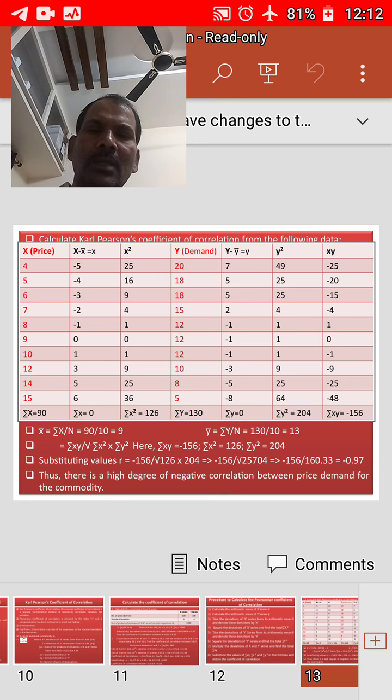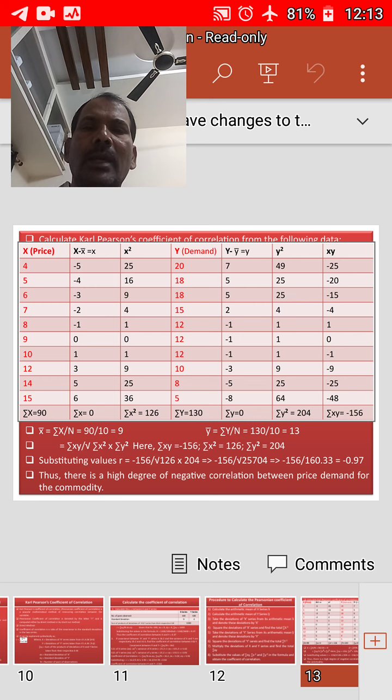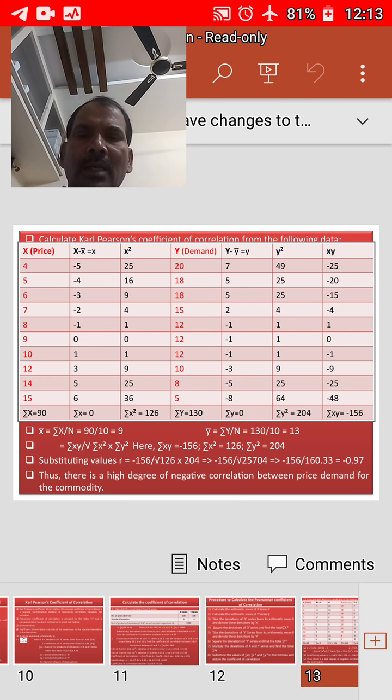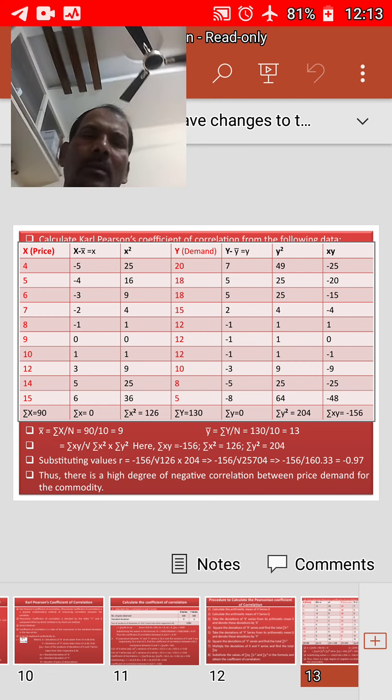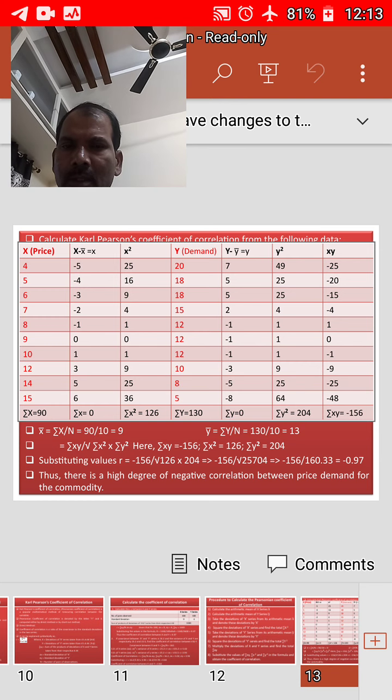The under root value of 25,704 is 160.33. So minus 156 by 160.33 is equal to minus 0.97. Thus there is a high degree of negative correlation between the price and demand for the commodity.